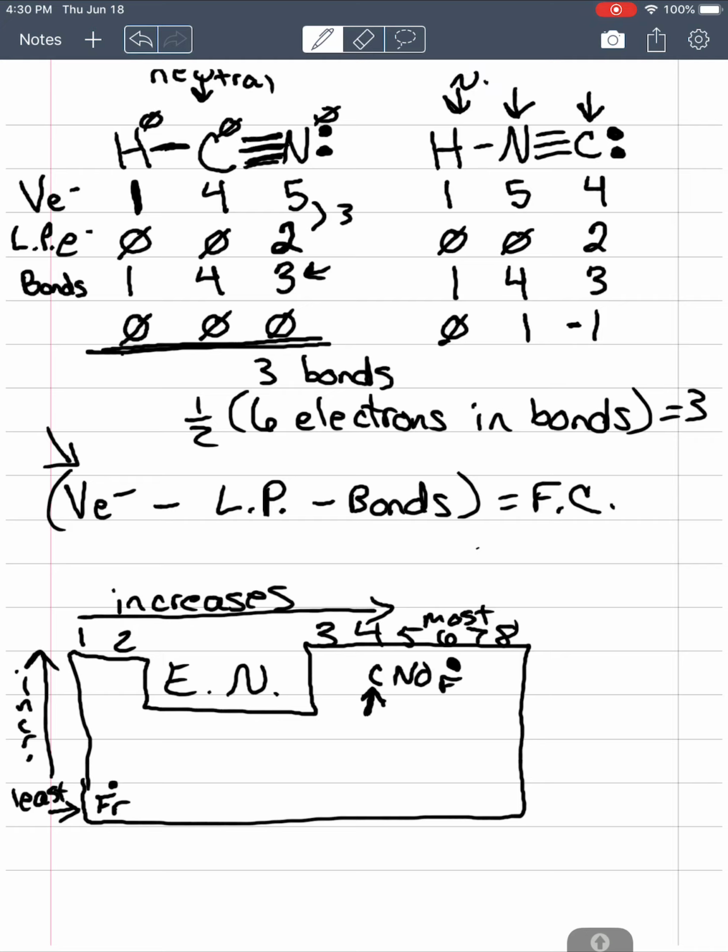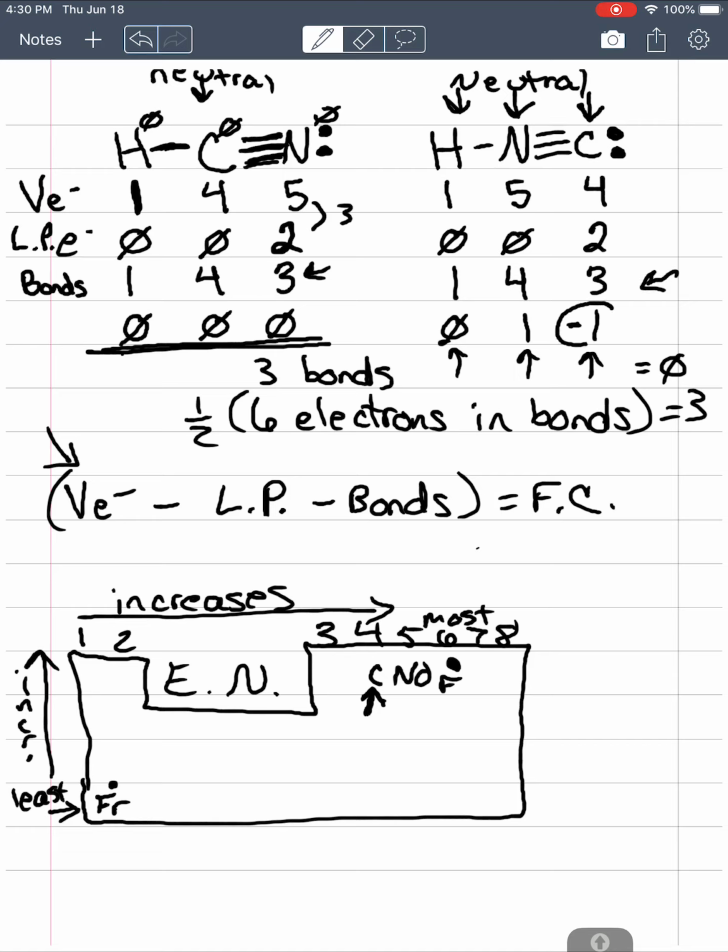This one is also neutral. And if we add up 0 plus 1 minus 1, we get 0. So that's good.